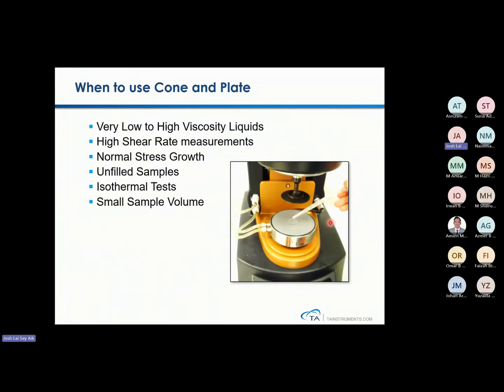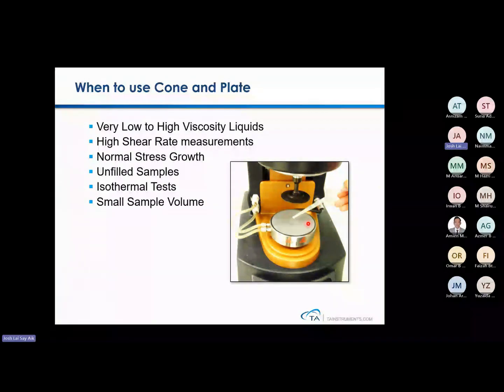So when to use a cone and plate? Cone and plate is typically for material that will flow. Flow means not very solid materials, typically oil. If you want to measure oil materials or surfactants, then you can use a cone and plate.